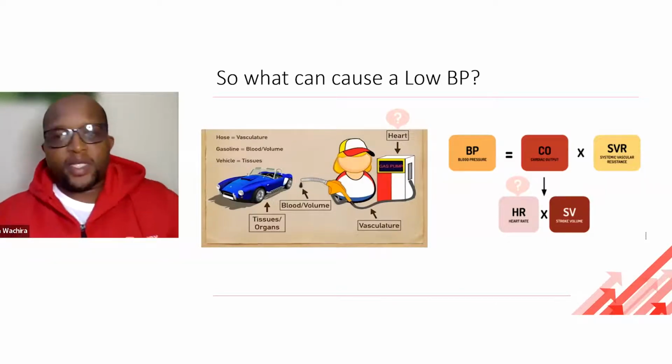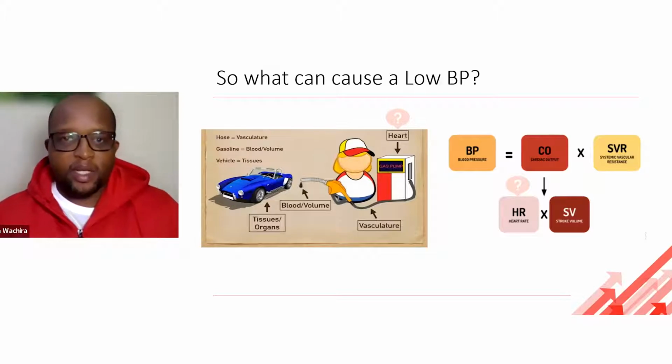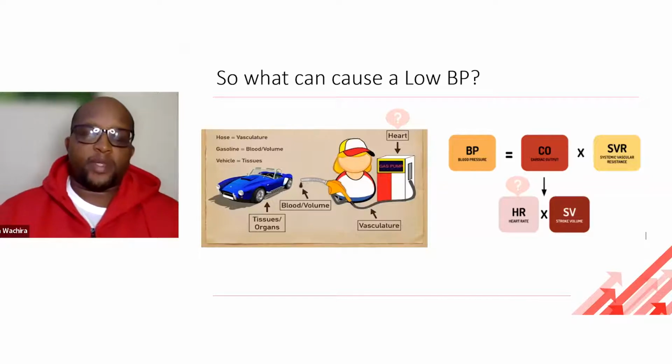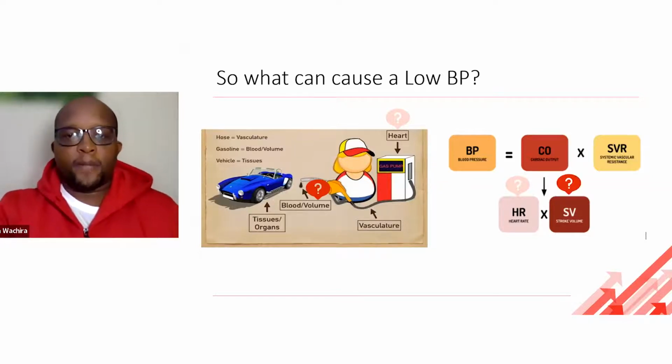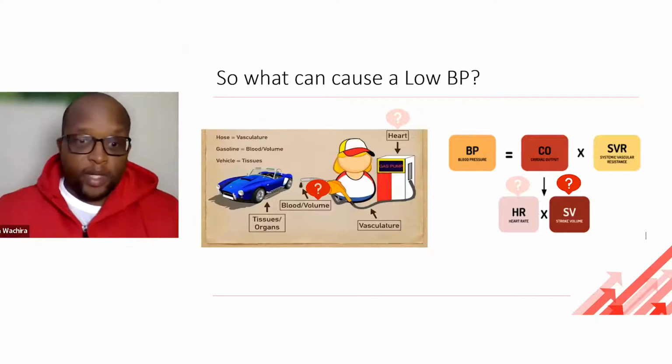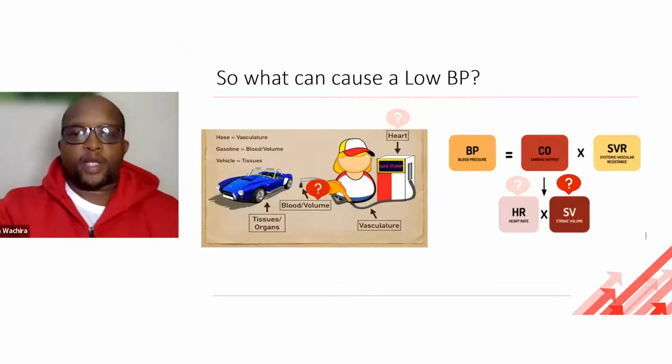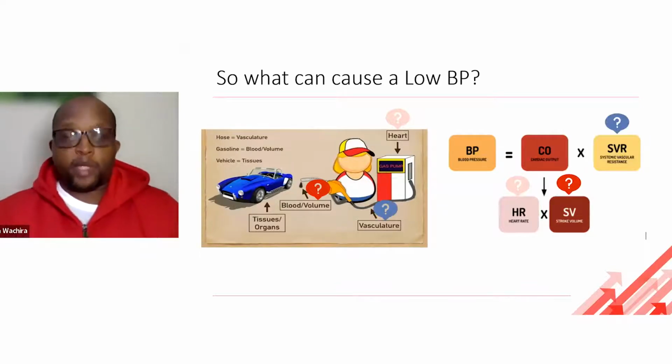So blood pressure is affected by the heart rate. In this particular situation, the heart is the gas pump, the fuel pump. It can be an issue of volume, since in this situation you're talking about blood volume, and so that's your stroke volume. Or it can be the pipes, systemic vascular resistance.